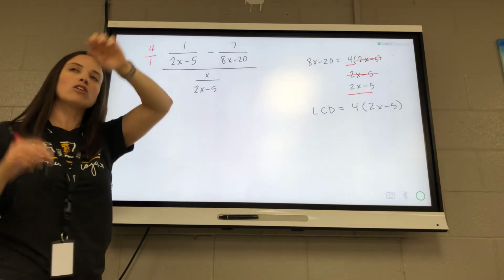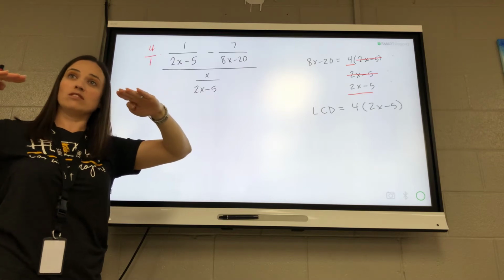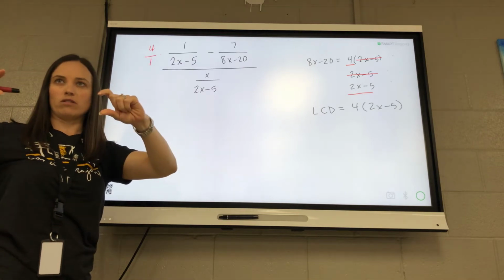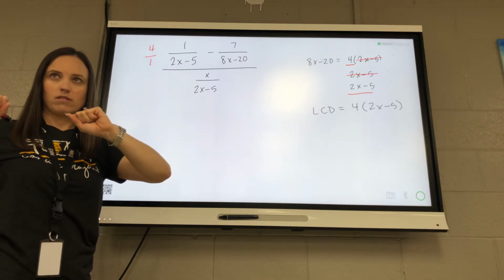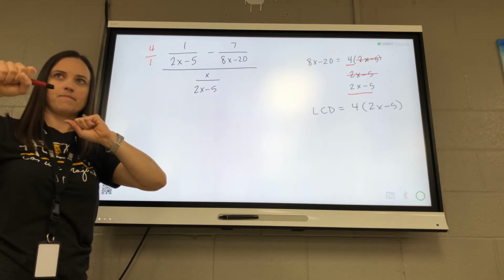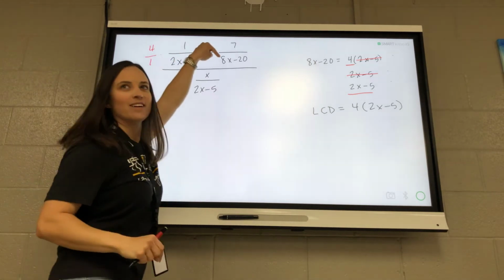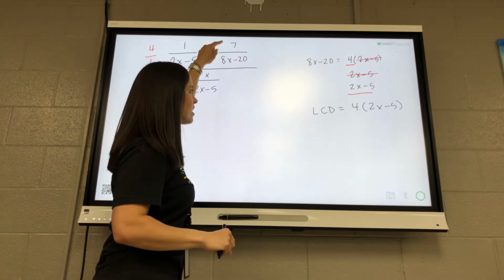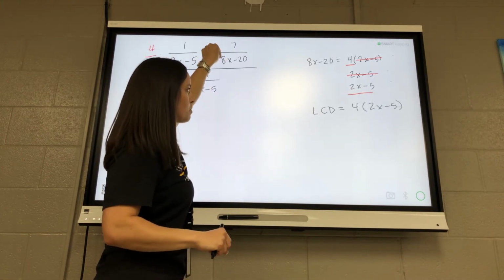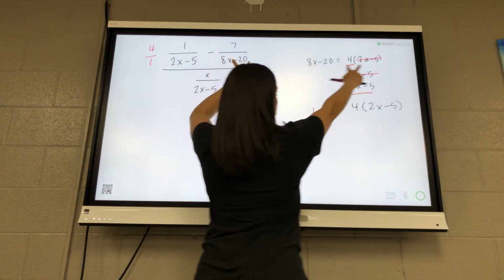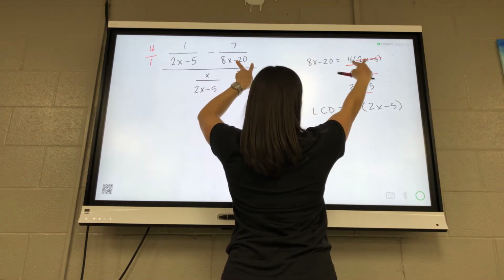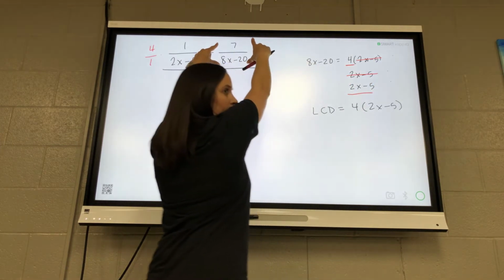It's fine. Our denominators are all going to cancel, whether we write them all out or not. Okay, so here we don't need to multiply this by anything because this is actually 4 times 2x minus 5. Right? That one's good to go.